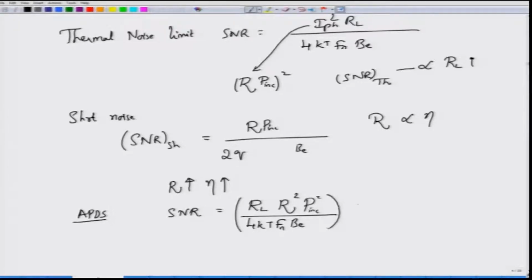This entire thing gets multiplied by M square. So, this R into P incident is nothing but the photocurrent I_PH. So, this is I_PH square, but what you see here is that there is a multiplication factor M square which is impacting over here.